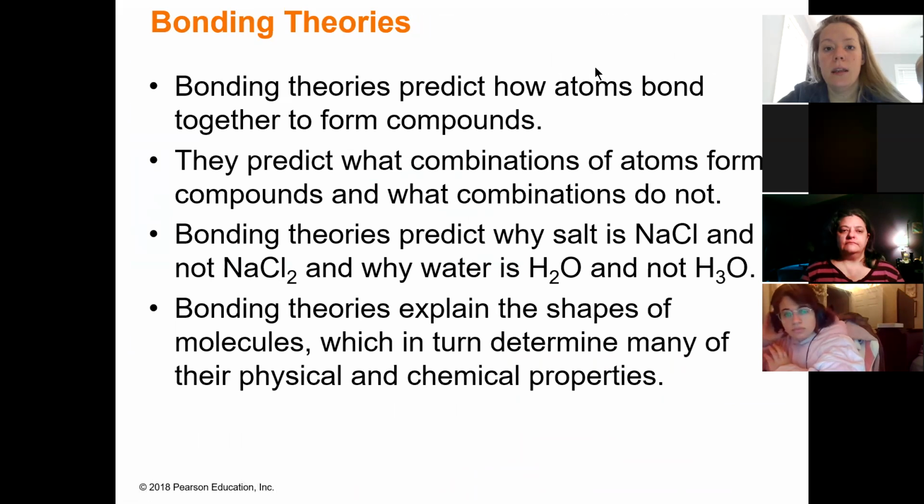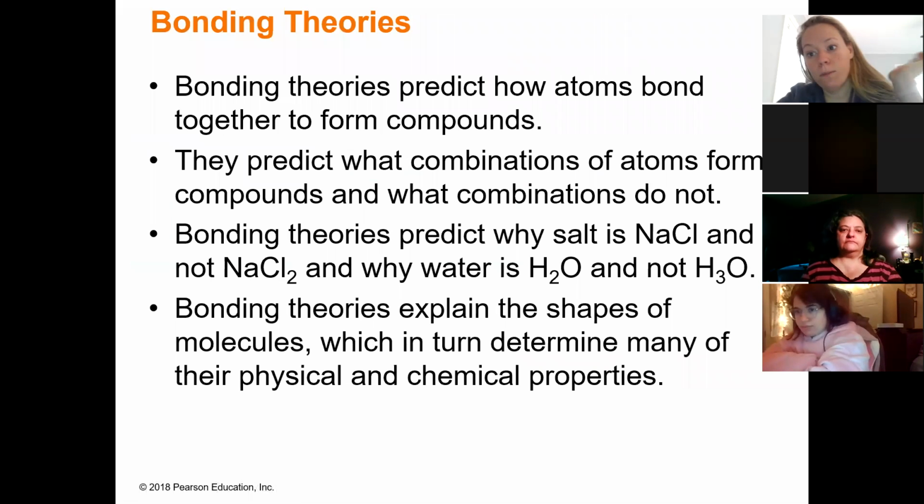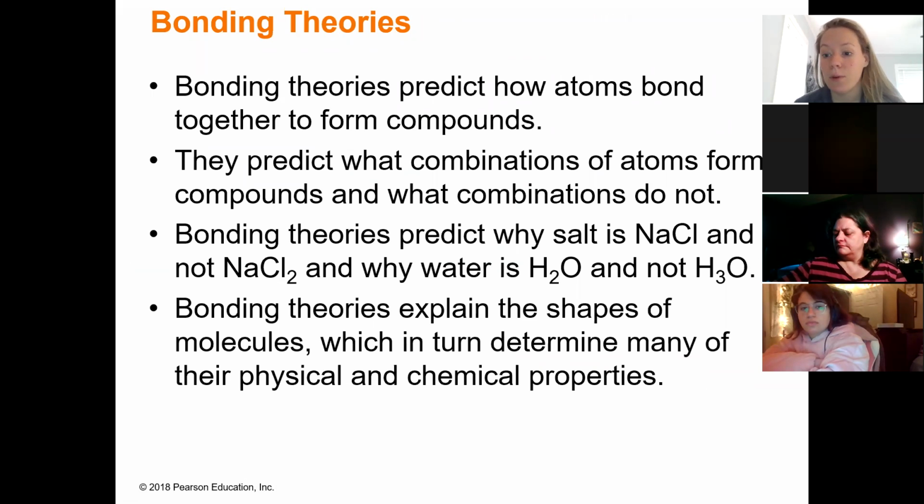So in chemistry, we have these things called bonding theories, and bonding theories are a system of ideas that help us predict how atoms will bond together within a compound. So, you know, CO2, why carbon is in the center and the oxygens are on the sides, and how strong those bonds are, all that sort of stuff we can predict using these theories.